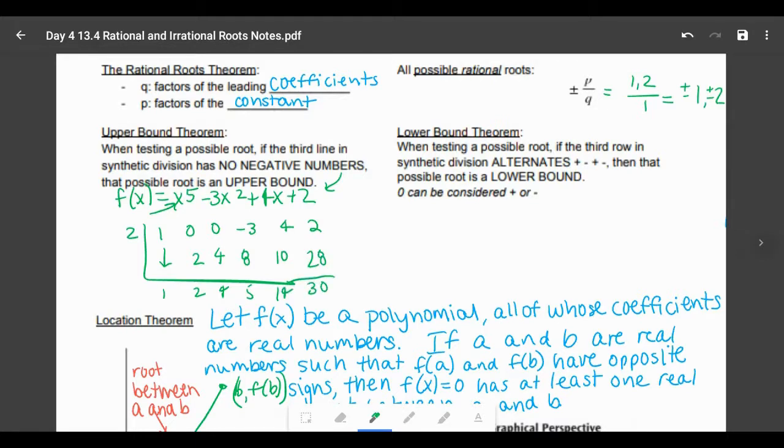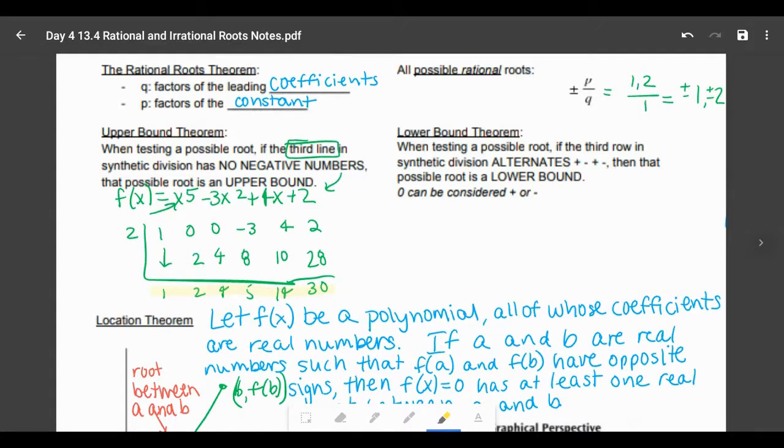If the third line in this synthetic division has no negative numbers, I have all positive values, then I can see that the highest possible upper boundary would be 2. So I know that I want to look for numbers that are below 2.